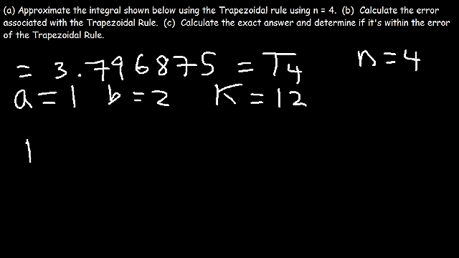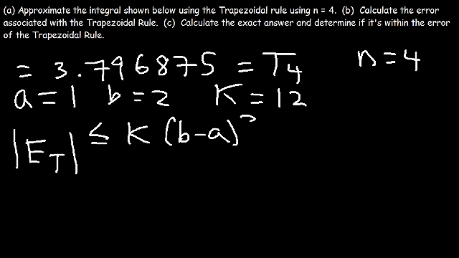So now let's find the error associated with the trapezoidal rule. It's going to be less than or equal to k times b minus a to the third power divided by 12n squared.